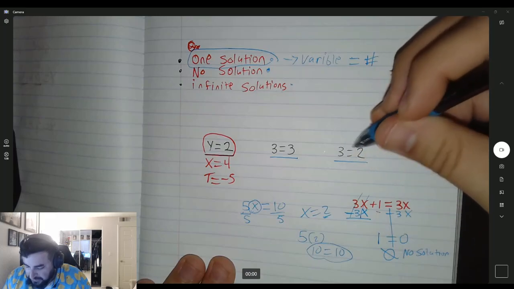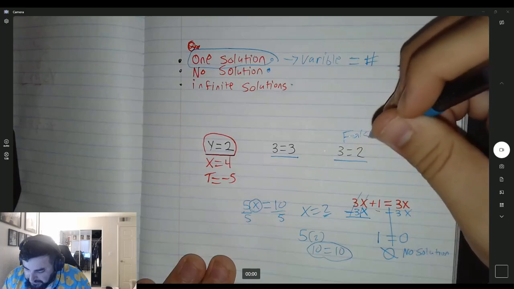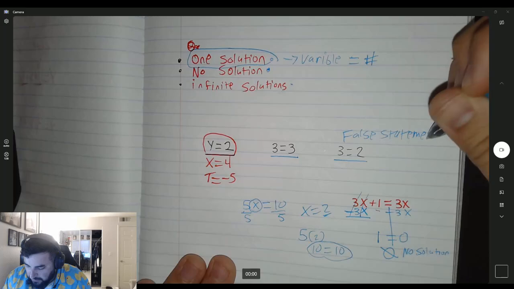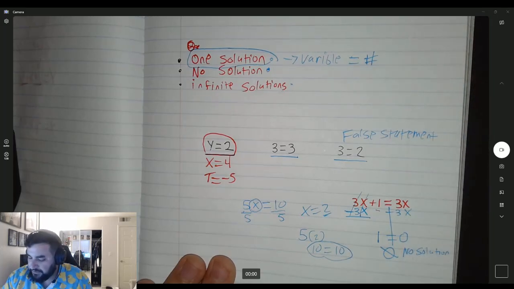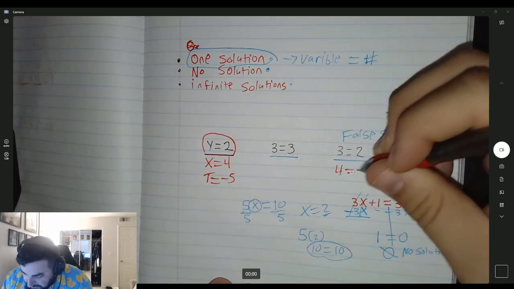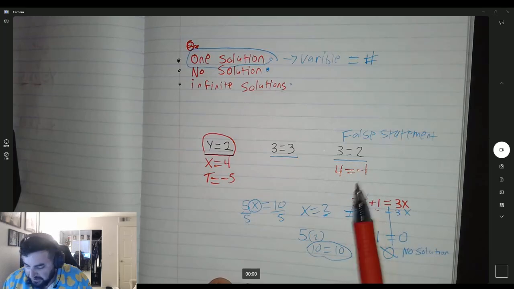Okay, so the no solution right here would be this one. 3 is equal to 2, right? Because this is a false statement. And when you have a false statement, you have a no solution. So I'll give another example of a no solution. Watch this. We have 4 is equal to negative 1. $4 is not the same as owing $1, so that's a false statement.